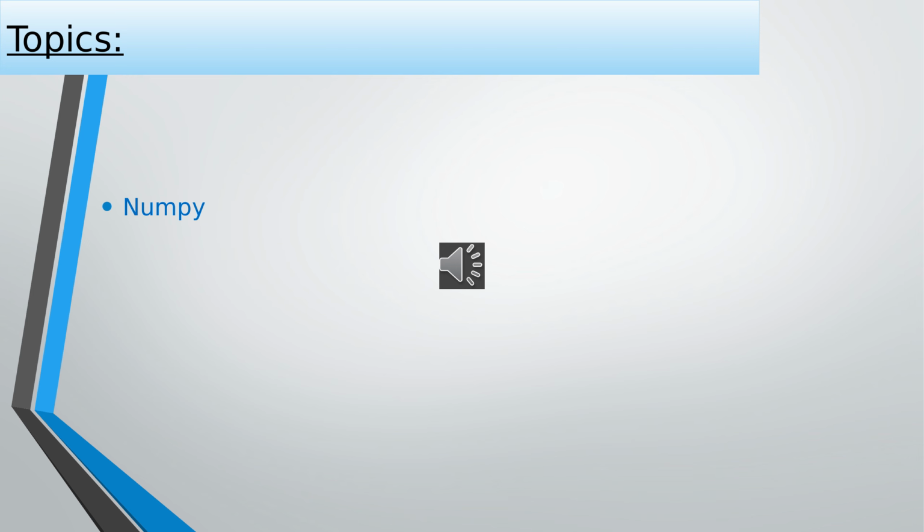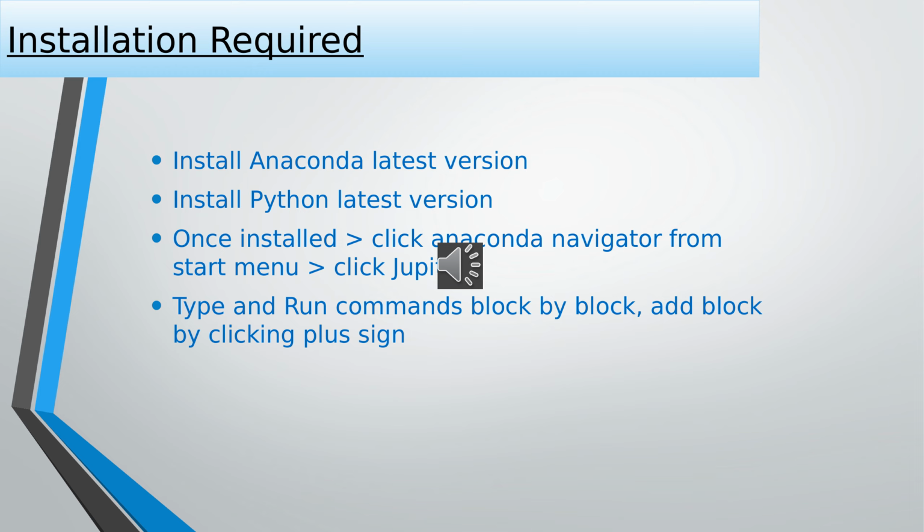So, let's begin by understanding what NumPy is and why it has become the foundation of almost every data science and machine learning project. Before we start writing any Python code, we need to set up our development environment correctly.